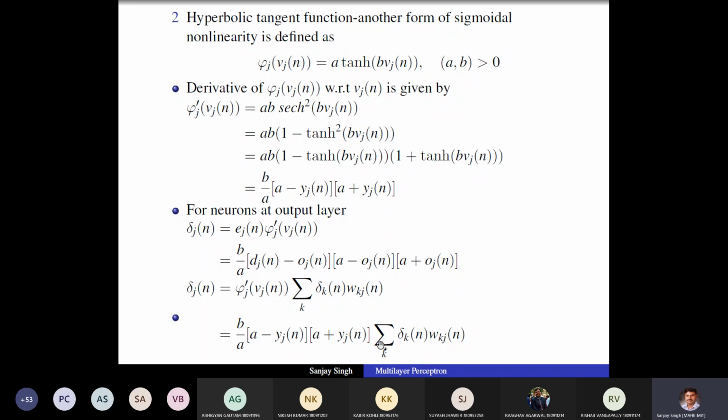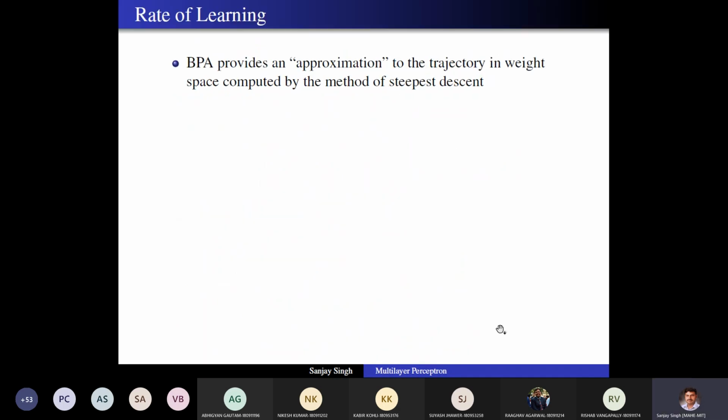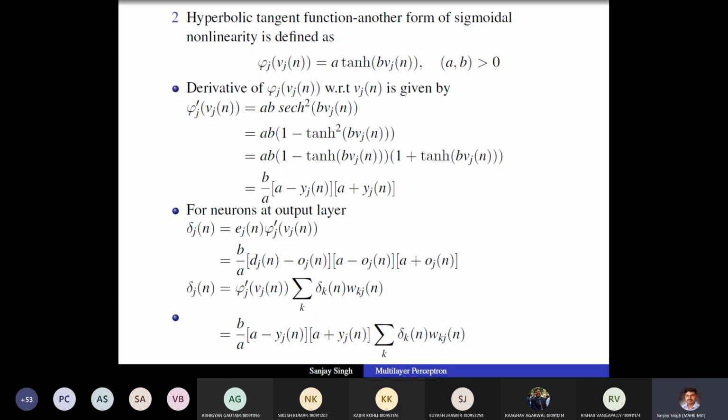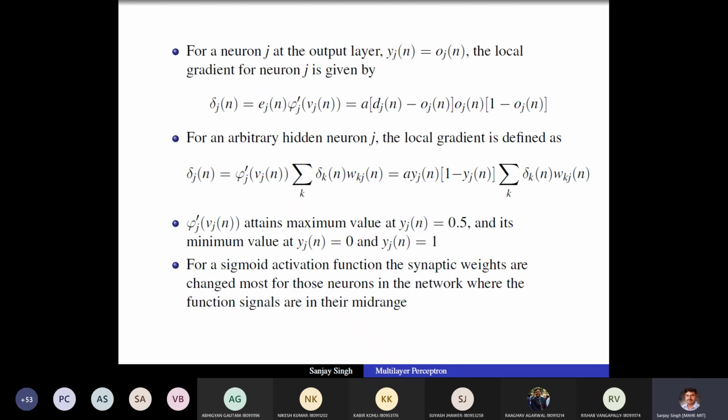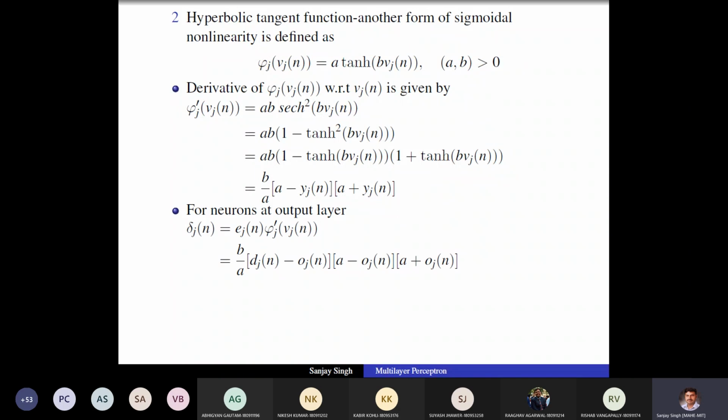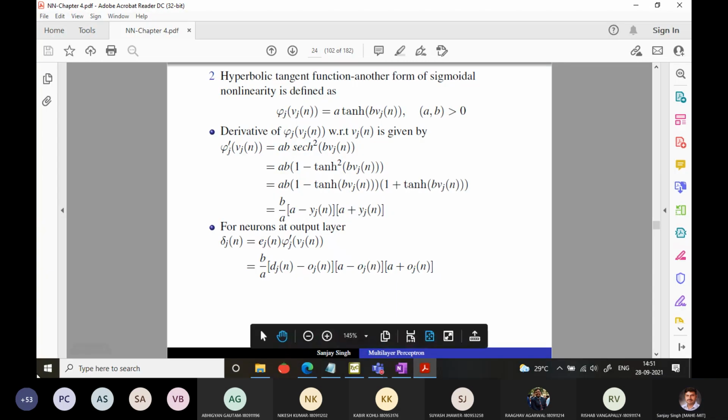So I'll stop here, and we'll see in the next class how all this computation happens with a particular architecture. I'll show you with the formulas which we have derived for the tanh function and the sigmoid function, and the same idea applies to the tanh function also. So I'll stop here.